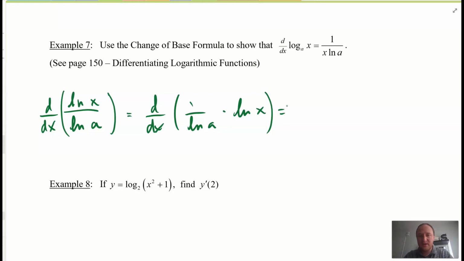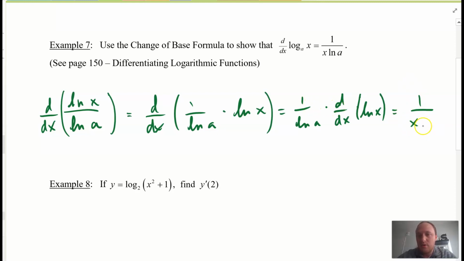So remember, with constant values, you can just pull it out. So I can pull out the 1 over the natural log of a times the derivative of natural log of x. And what's the derivative of the natural log of x? 1 over x. So the derivative of this is 1 over x times 1 over the natural log of a, which, ta-da, gives us what we wanted to show.